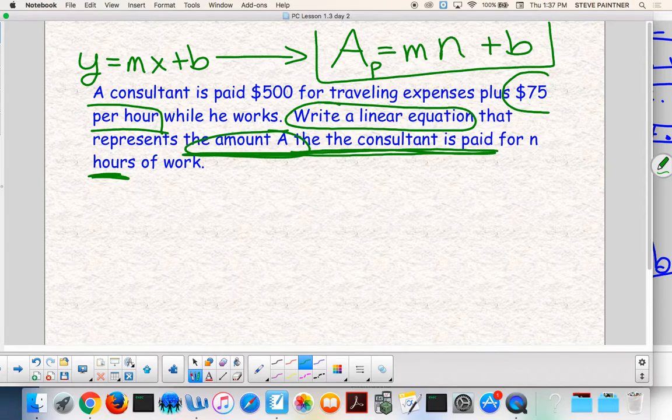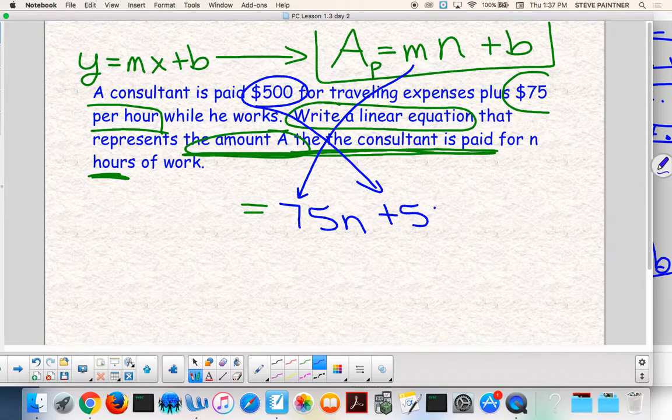That's it. So you picked out the slope to be what? What was the slope? $75 per what? Hour. You picked out what for the y-intercept? 500, right? Equals the amount you get paid.